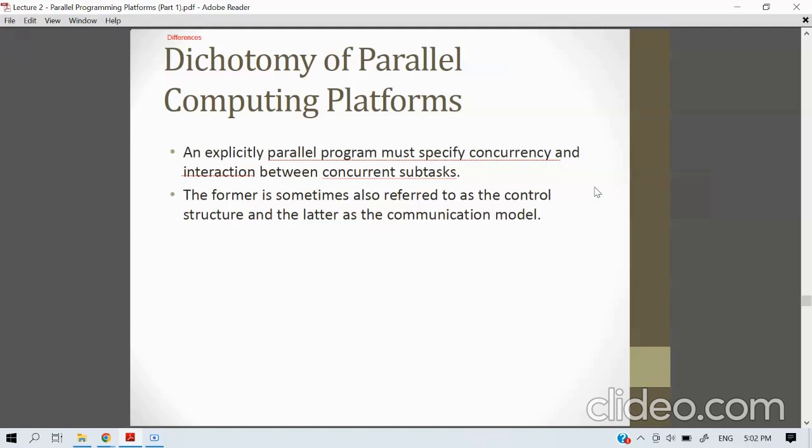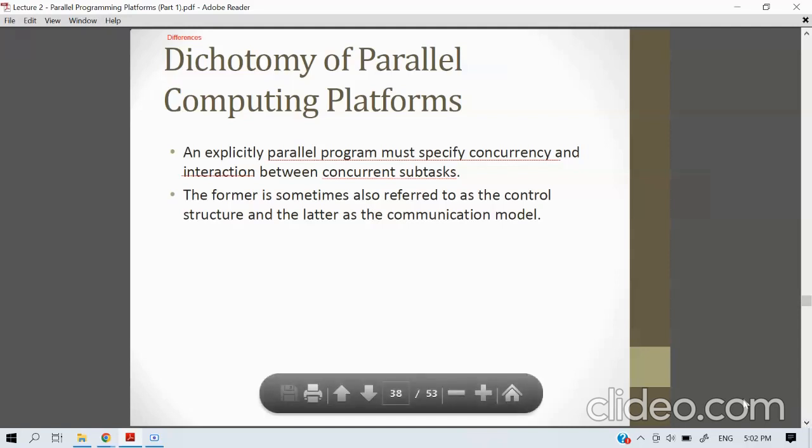Previously, a long time ago, how to control the concurrency or to make the parallel computing execute was called the control structure. Now we are calling the control structure the communication model, in terms of how the parallel processing elements communicate with the memory.